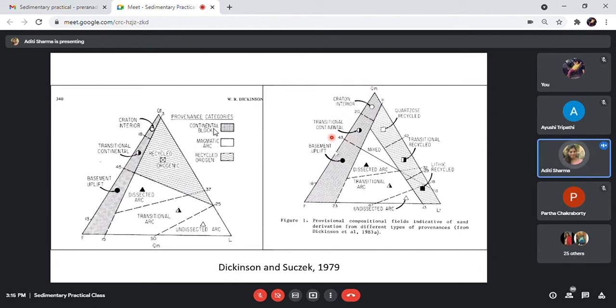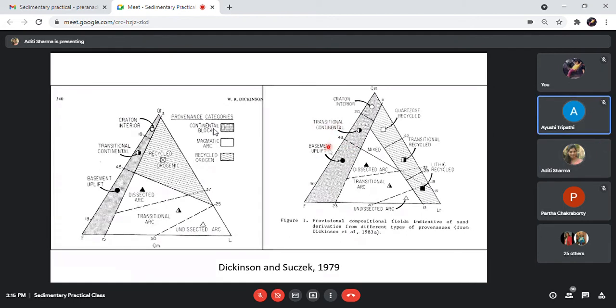So this 43 will not be for quartz. If you divide it from feldspar, 100, 90, 80, 70, 60, 50, 40, this 43 then will be for feldspar.